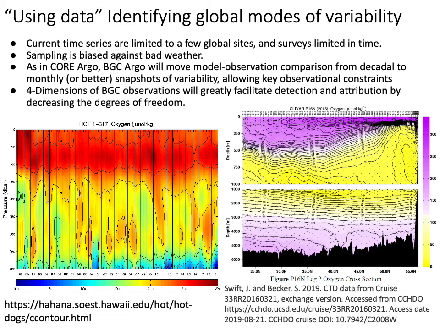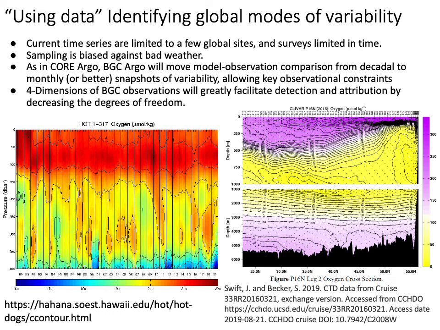Another is the typical process study and transect cruise, where you get a picture in space and some time, whereas past biogeochemical observations have been limited to a few global sites and surveys where sampling is biased against bad weather and against winter conditions.